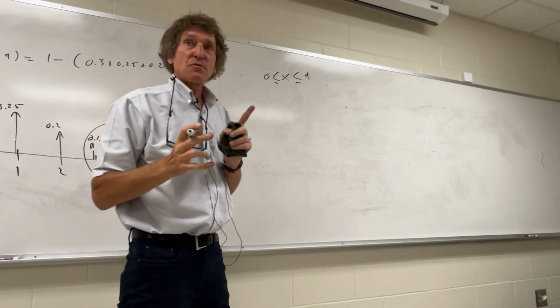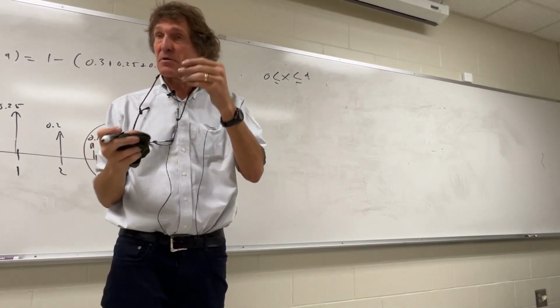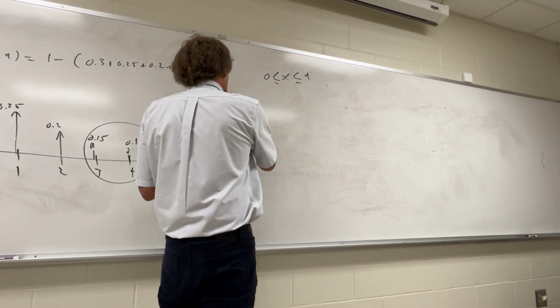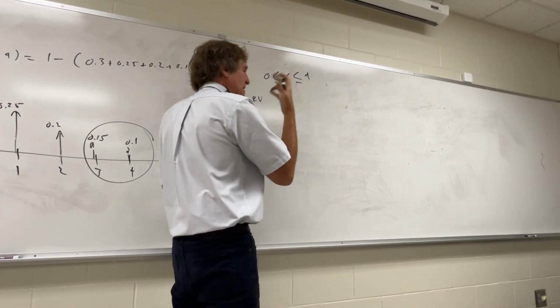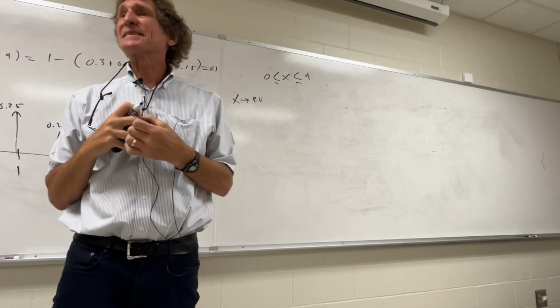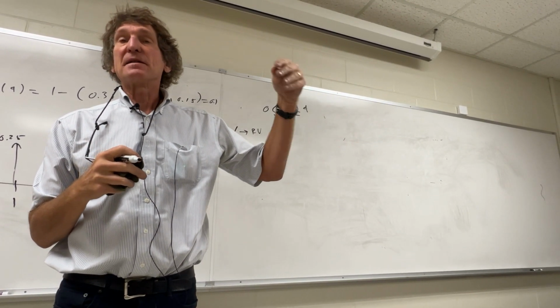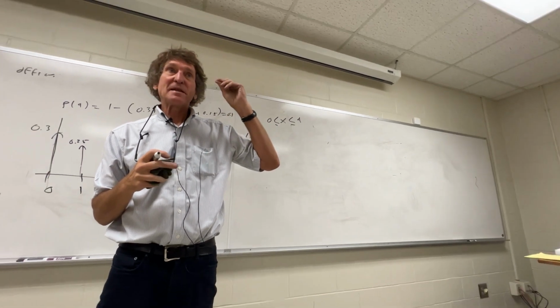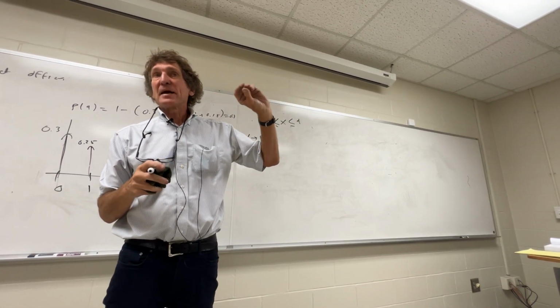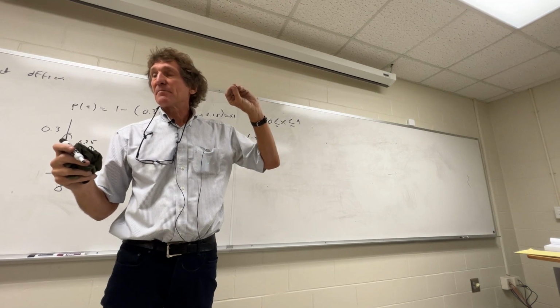But this is a continuous random variable that's x. It's considered a random variable. Random variable means that the outcome is uncertain. It's probabilistic.